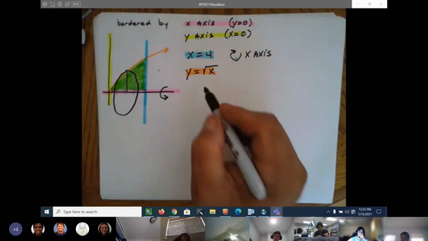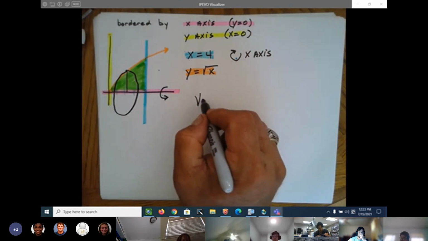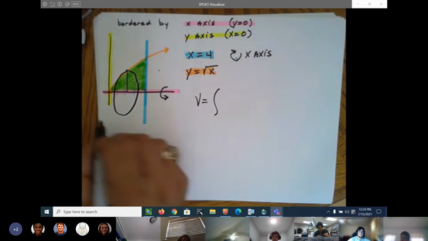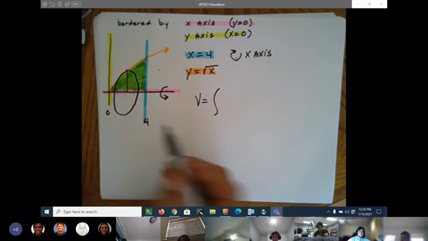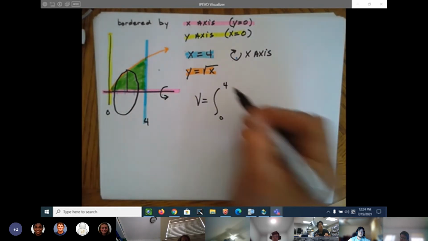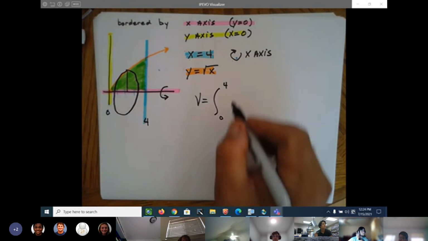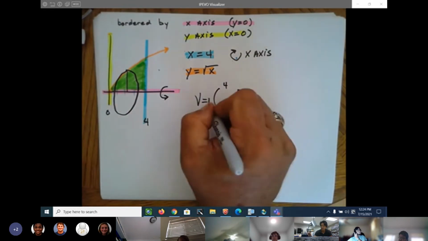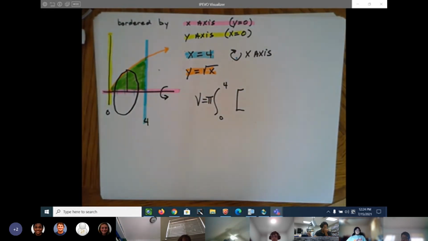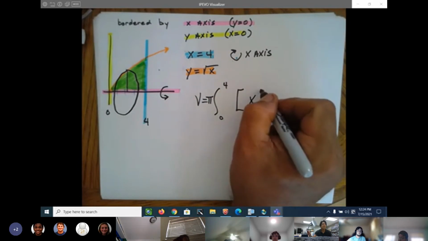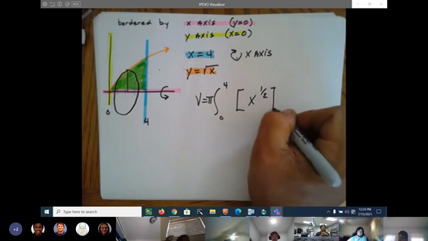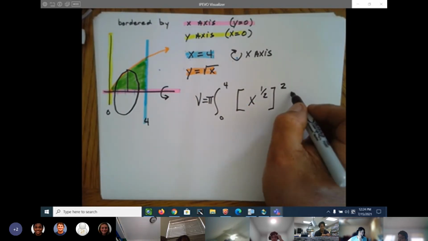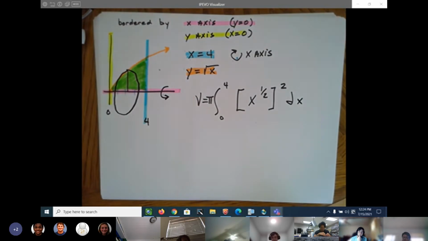So that's going to be volume is equal to the integral from 0 to 4 of, don't forget pi, of x to the 1/2 raised to the 2nd power dx.